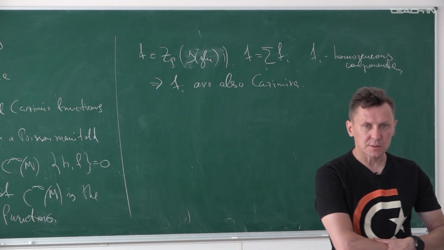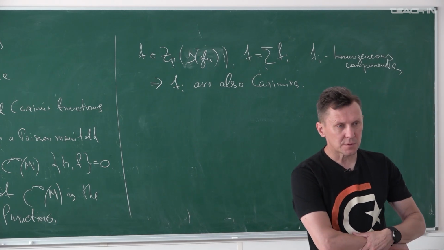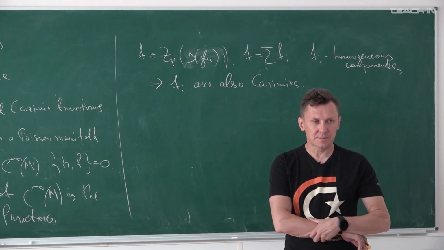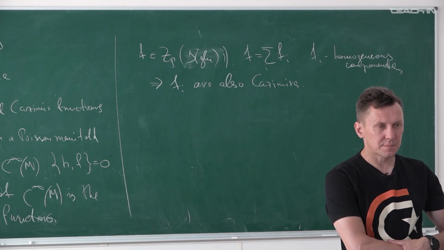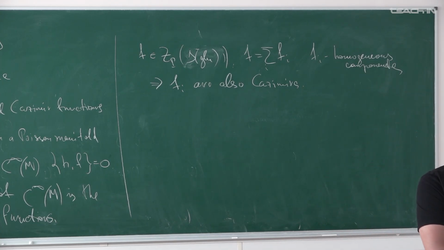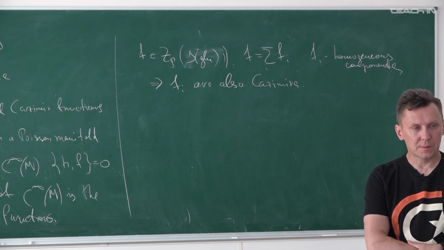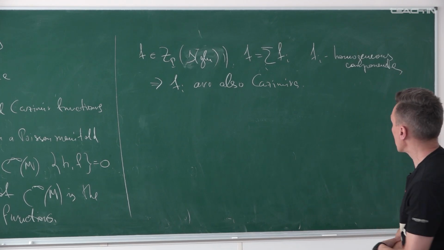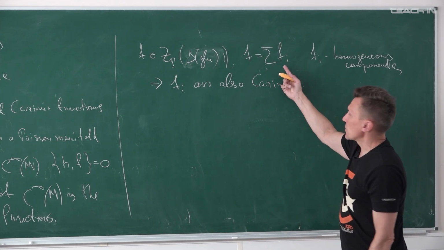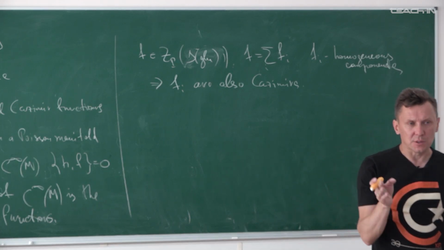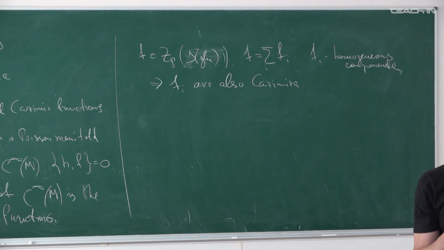Do you have ideas? Well, my idea was to write an ansatz for this Casimir function and find the Poisson bracket using that rule up here. If it gives 0, then we need this to be 0, and then we can fulfill the ansatz with these conditions. Okay, but why is this expansion on the homogeneous components important?